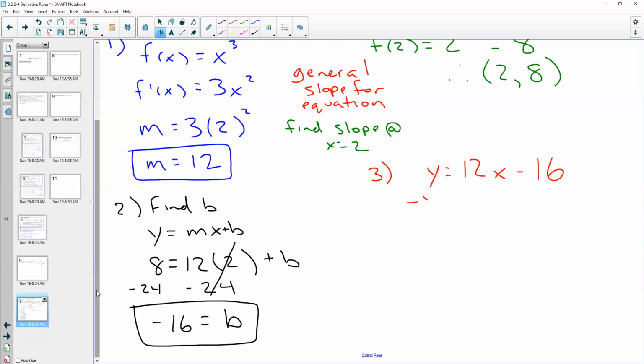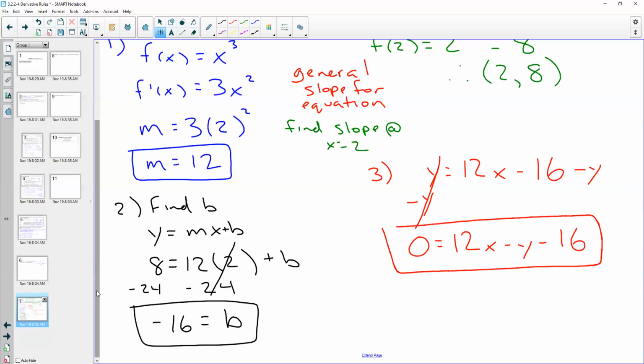So let's subtract y from both sides. Okay, so that is the equation of our tangent line at x is equal to 2.